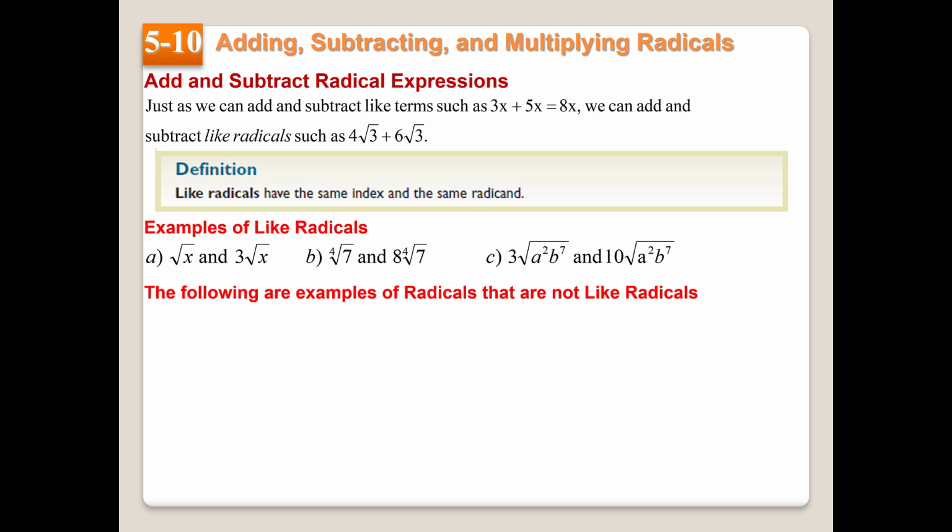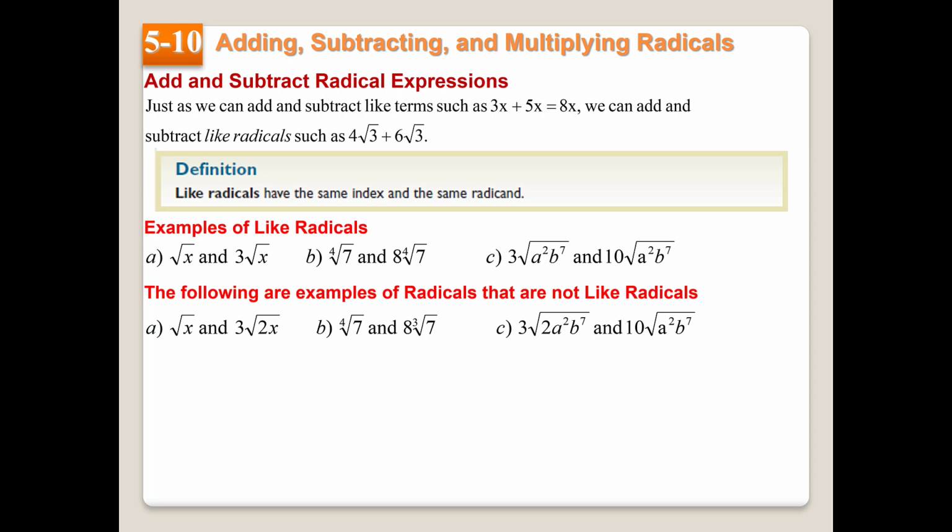So these next ones have radicals that are not the same. As you can see here in part A, you have square root of x, and then you have 3 times square root of 2x. Well, square root of x and square root of 2x can be totally different altogether. In part B, we have the 4th root of 7 and 8 times the cubed root of 7.